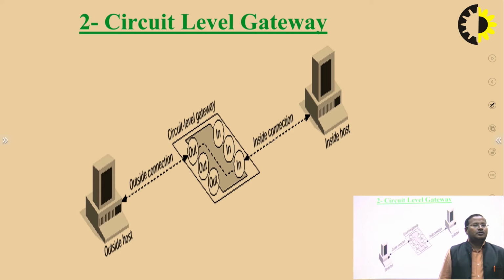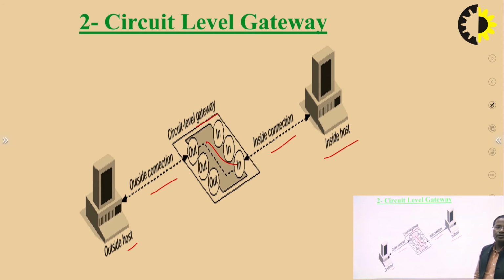So another type of firewall comes into the picture, that is the circuit level gateway. This is the outside host, outside connection, outgoing process, circuit level gateway, inside connection, and this is the inside host. Here the circuit level gateway firewall is present in this diagram.